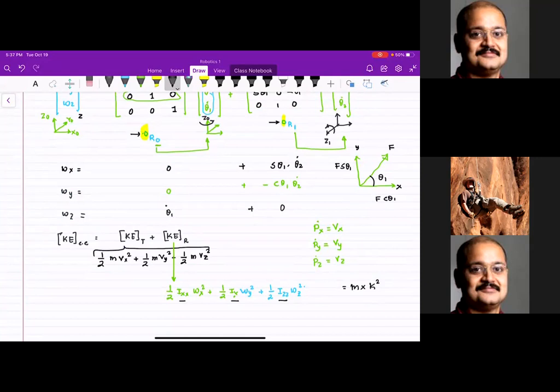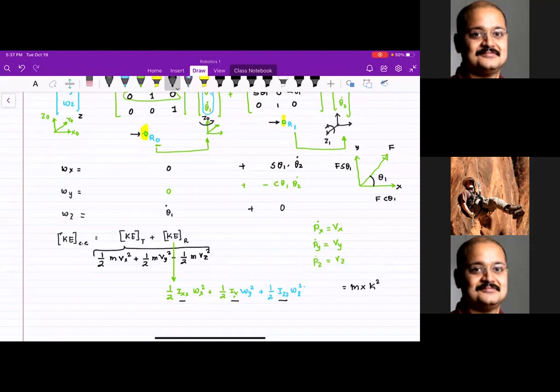we are going to derive the kinetic energies at the center of mass. And when you do that, the beauty of center of mass is the product of inertias becomes zero. But I will work out a few more examples and make these concepts super duper clear.